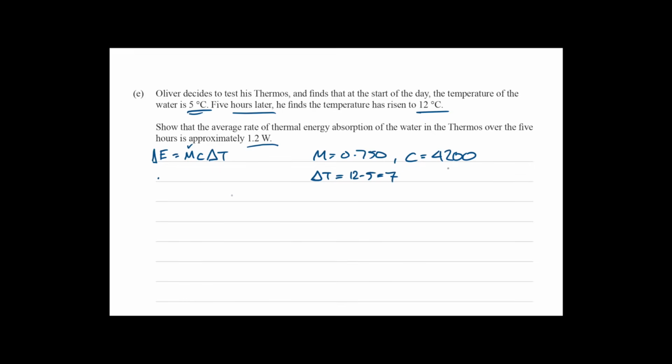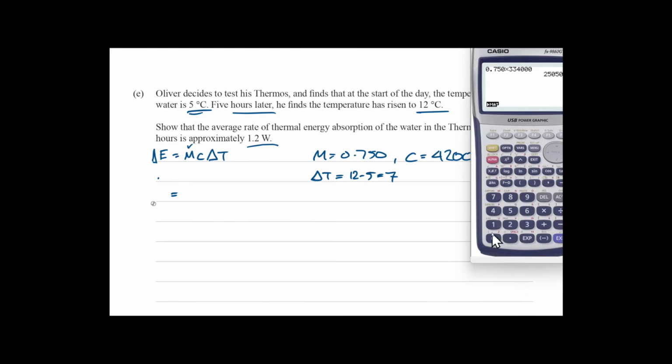Okay, so we can now work out how many joules of energy goes into this water in the thermos flask to change its temperature. And for that, we're going to just grab our calculator. So our mass is 0.75 times 4,200.